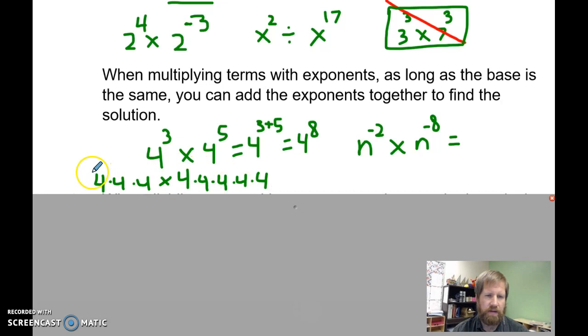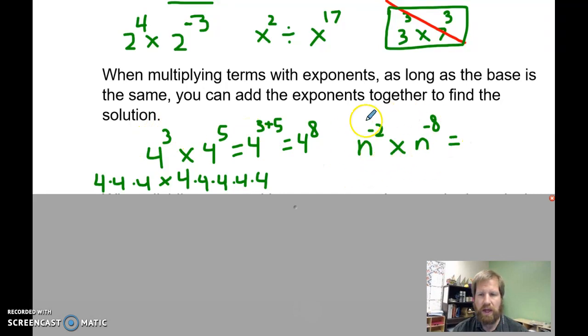We're adding the 3 times that we're multiplying 4 by itself here, and the 5 times that we're multiplying 4 by itself here, and that gives us a total of 8, and it's all multiplication. So that's why when we have the same base, if we're multiplying these numbers, we can just add the exponents.